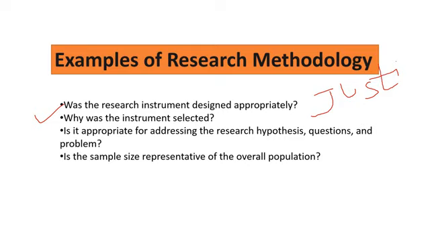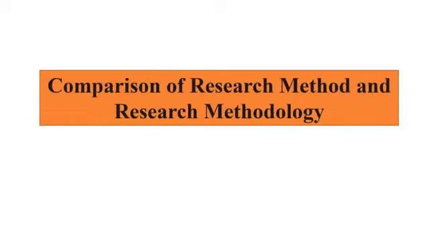Then, is it appropriate for addressing the research hypothesis, questions, and problem? And lastly, is the sample size representative of the overall population? That is, you have to provide the justification for the sample size. So the research methodology is basically the justification or rationale for the selected research methods.